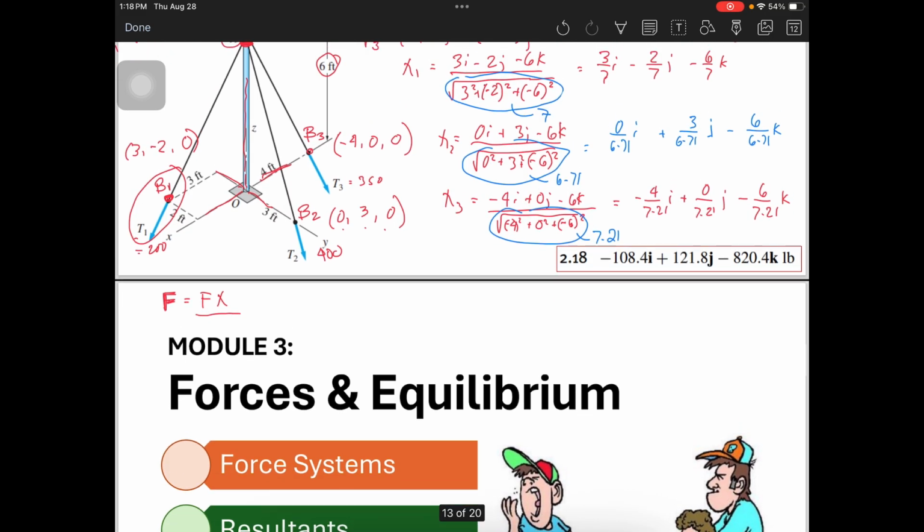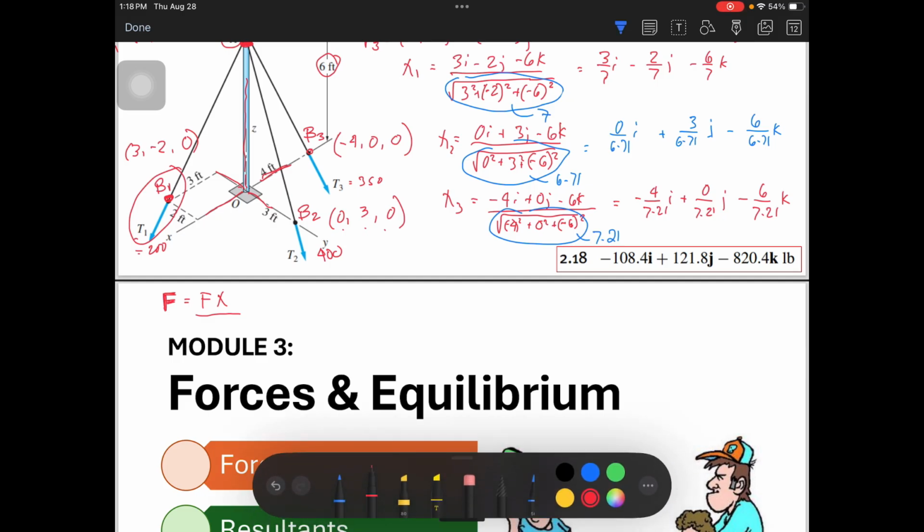So let's get the rectangular form ni T1. It's equal to 200 pounds times yung lambda niya na 3/7 i minus 2/7 j minus 6/7 k.